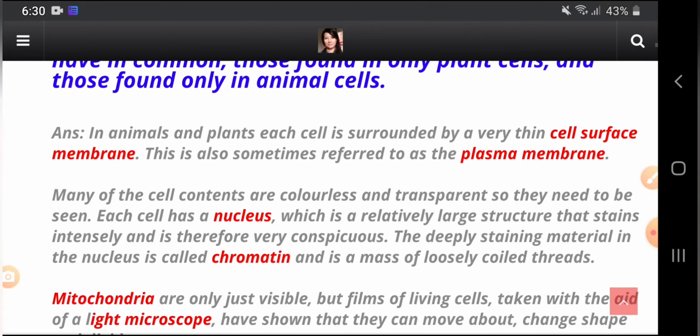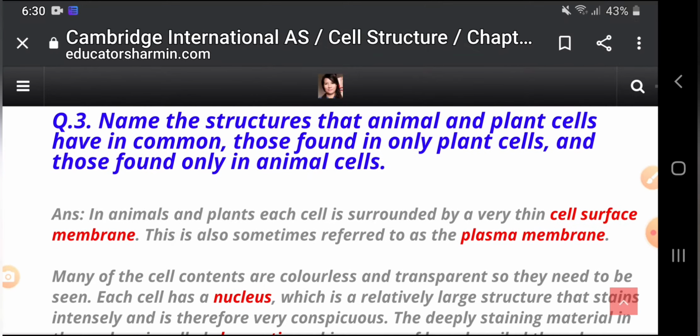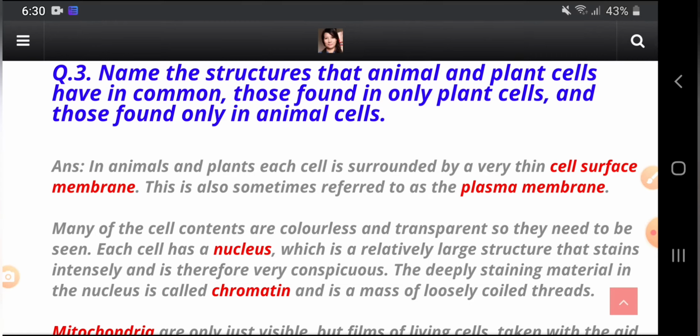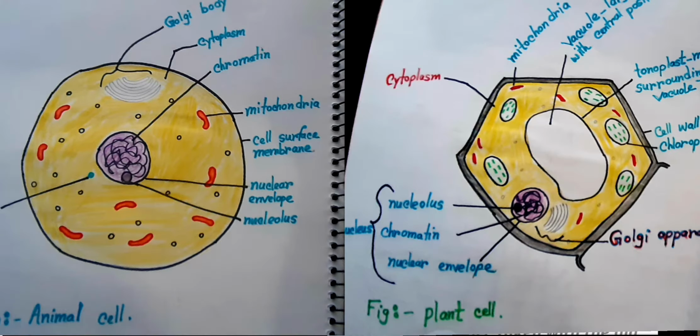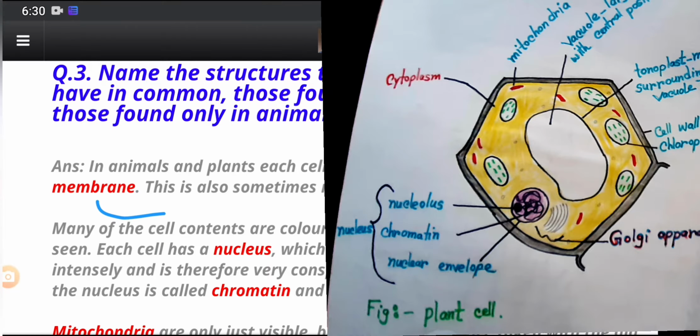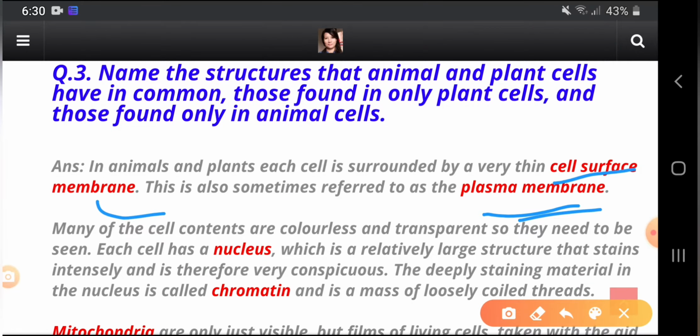So in animals and plants, which structures are common? Animal and plant cells are each surrounded by a cell surface membrane, sometimes referred to as the plasma membrane. Many of the cell's contents are colorless and transparent, so they need to be stained to be seen.